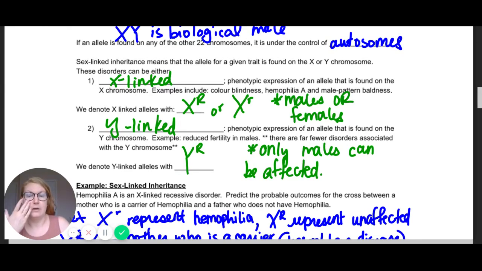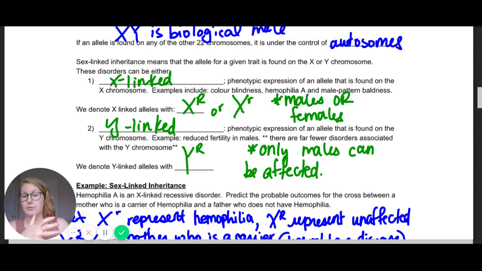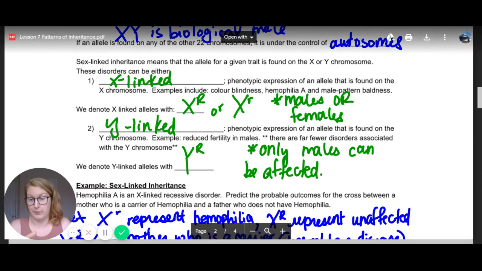So how do I denote it? I have X with a capital R as a superscript. This represents if the X-linked trait is dominant, or I could have an X-linked recessive trait, which is X with a superscript of a small r. Depending on what the disorder or the trait is, we're going to denote it differently.